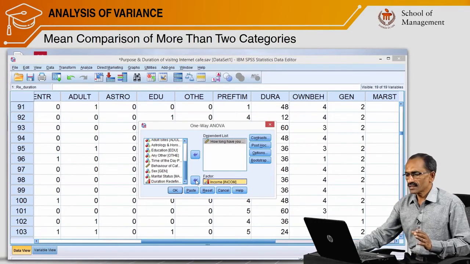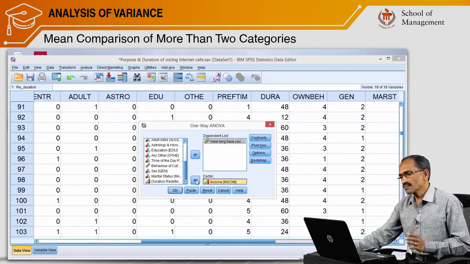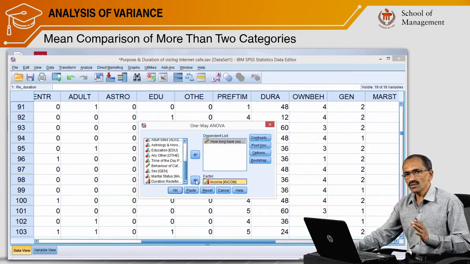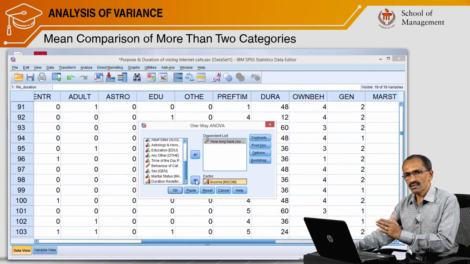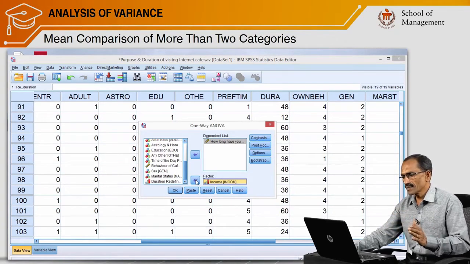Having done this, let me ask one question. Have you ever thought of the null hypothesis for this? The null hypothesis is nothing but that there is no significant difference in the mean value across categories. What does it mean in our variables of interest? It is nothing but that there is no significant difference in the average duration of internet visit across income categories. From the previous example, we came to know that income has 6 categories.